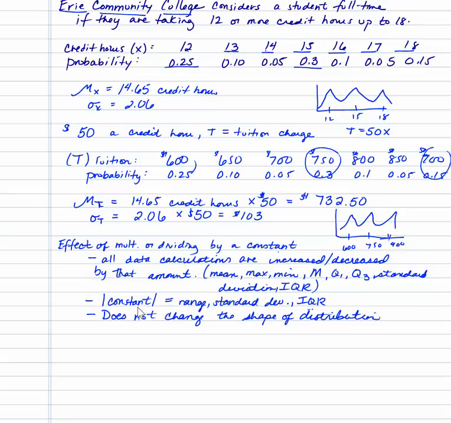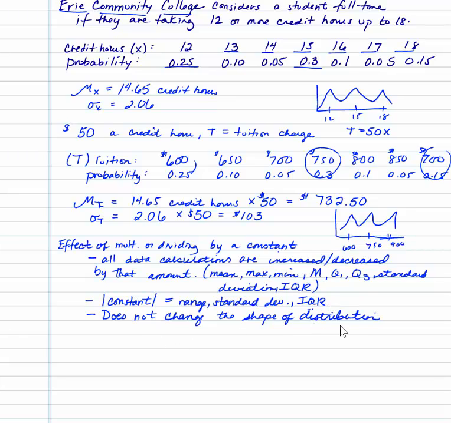So we would always want to figure out what those are, and then they would be multiplied by that constant. And they'd have to be positive. So if you're multiplying by 50, make sure you're multiplying by positive 50. Regardless of multiplying by positive 50 or negative 50, you would always use the absolute value of that constant so that these values remain positive because they are showing distance.